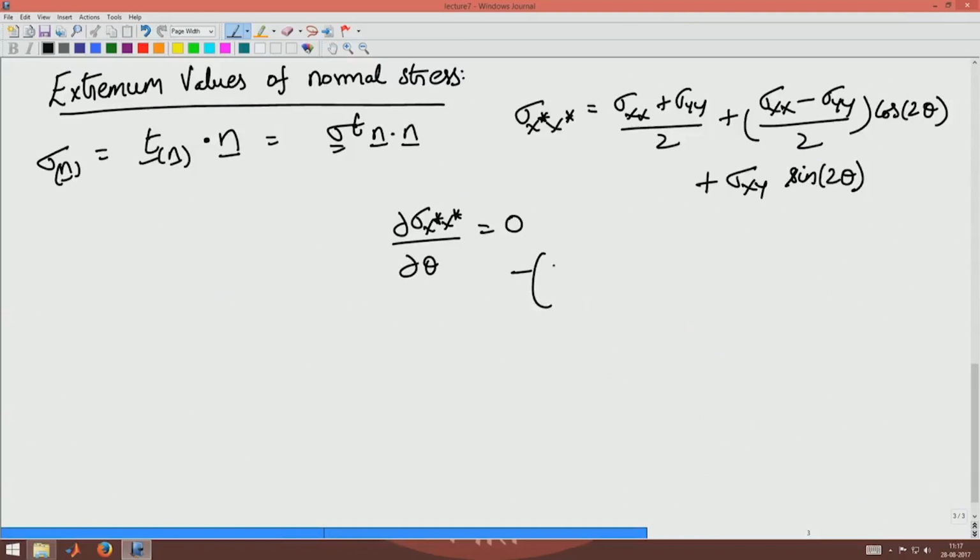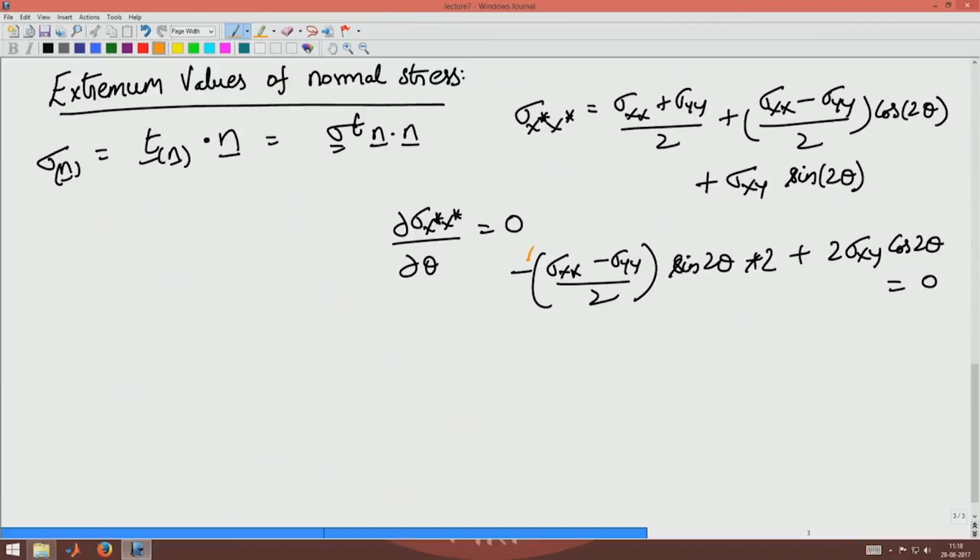I get minus sigma xx minus sigma yy by 2 sin 2 theta into 2 plus 2 times sigma xy cos 2 theta equal to 0. This expression is essentially 2 times sigma x star y star.